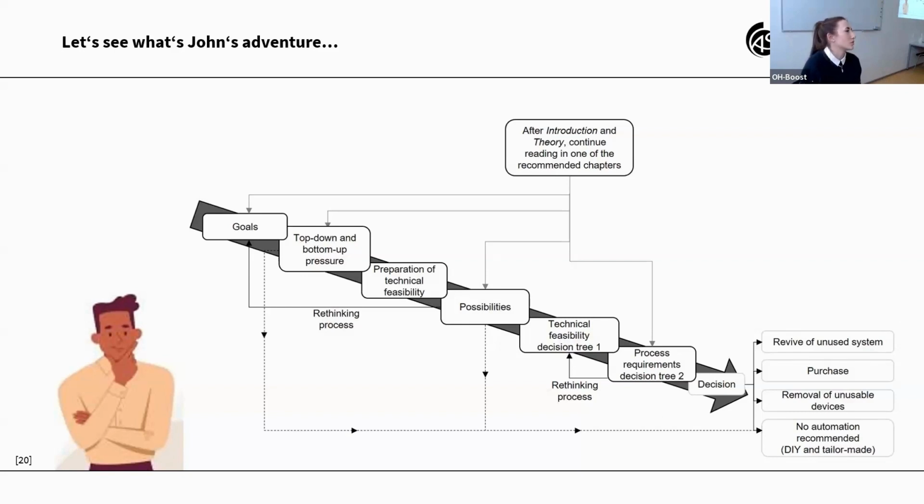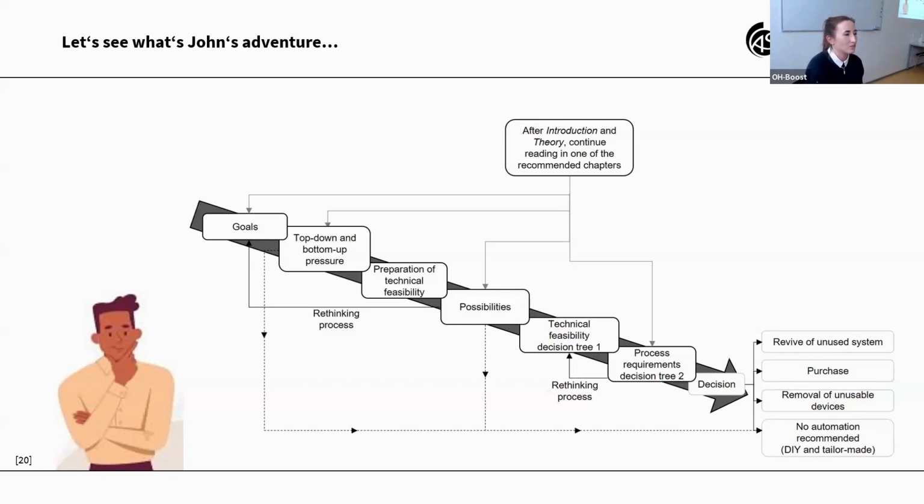Or fourth, no automation is at the moment recommended, which is also a good idea, because better we do not automate than waste money on a bad outcome or an unsuitable system.